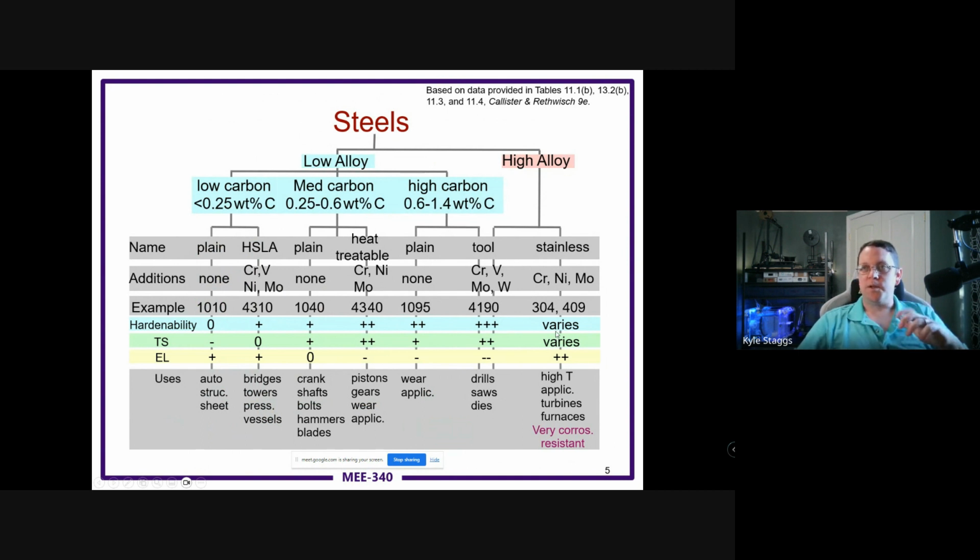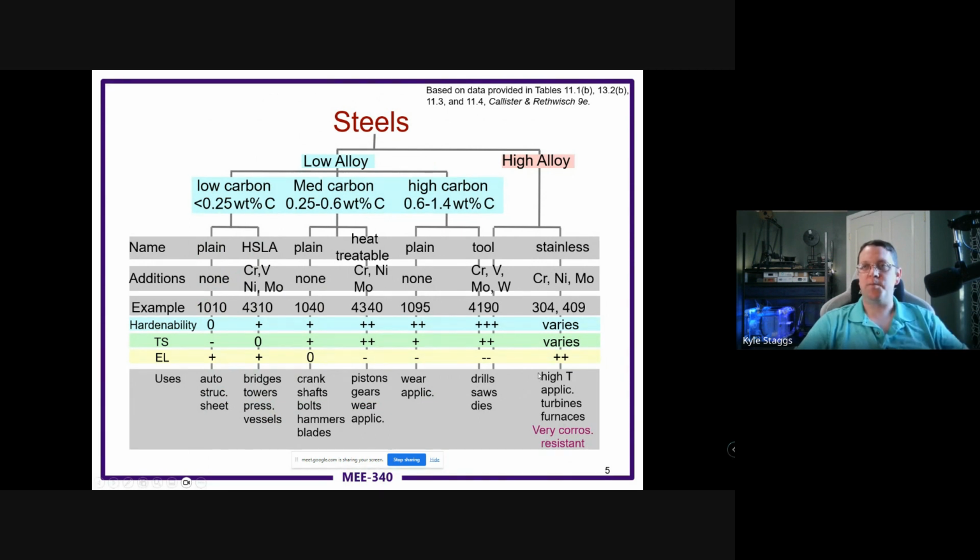There's a lot of really, really cool stuff that you can do with them, but they're going to tend to not be really high alloys. They're going to be lower alloys that are harder and can maintain that cutting edge longer, but at the expense of, now you don't have the same corrosion resistance.